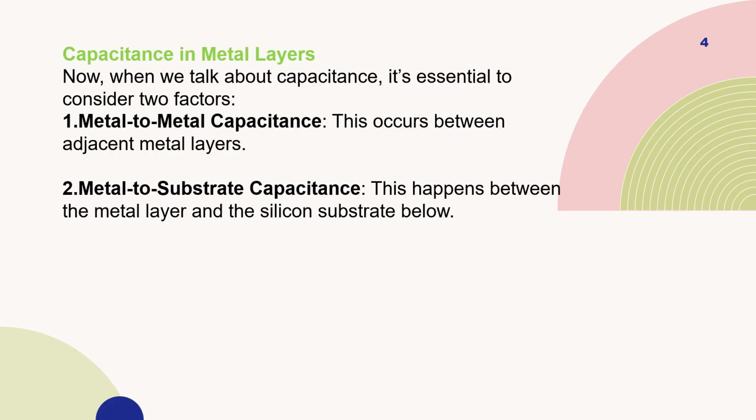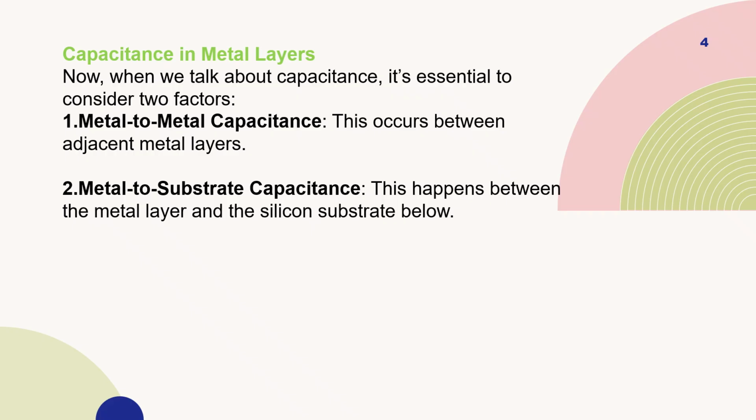For metal there are two types of capacitance. One is metal to metal capacitance and the other is metal to substrate capacitance. Metal to metal capacitance occurs between adjacent metal layers, and metal to substrate capacitance occurs between the metal layer and the silicon substrate.